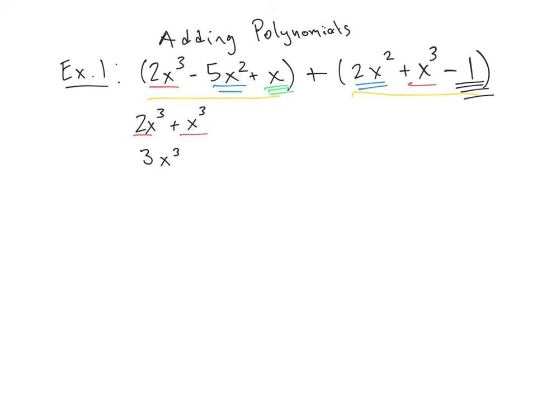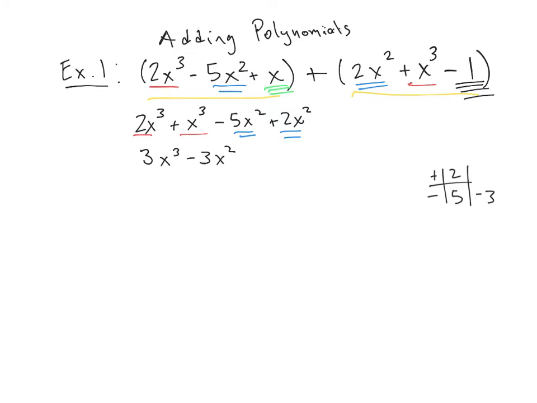And then what I'm going to do is take my x squareds, and I have minus 5x squared plus 2x squared. And so minus 5 and a plus 2, when we combine that together, that'll make a minus 3, right? Because I have 5 minuses and 2 pluses for a balance of negative 3.